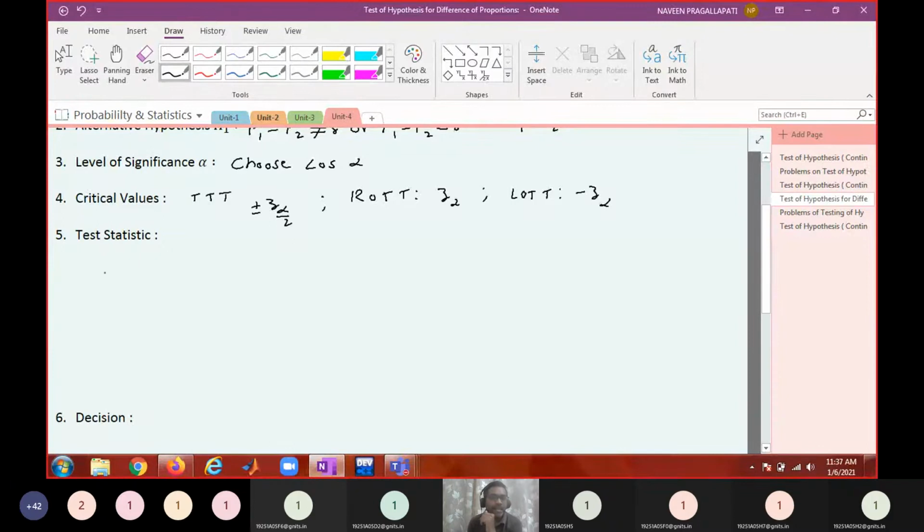So case one: if you are assuming that sigma 1 square is equal to sigma 2 square, that means both populations have the same variance.